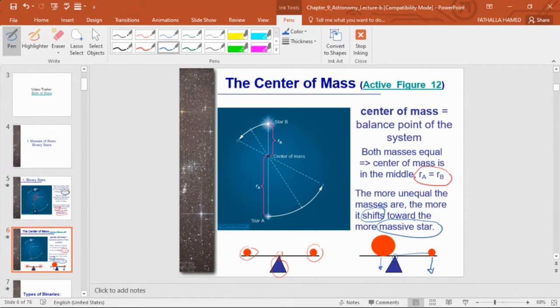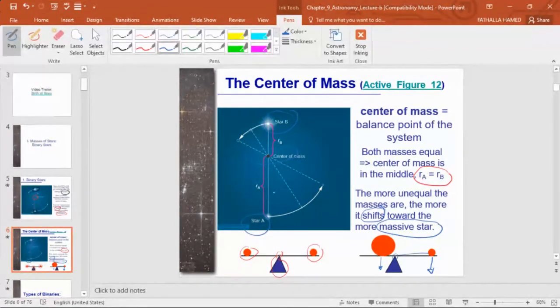So that's basically when you have a binary star, they will be moving around their center of mass. So if we can look at this binary system, we know where the center of mass is and how far each one is from the center of mass.